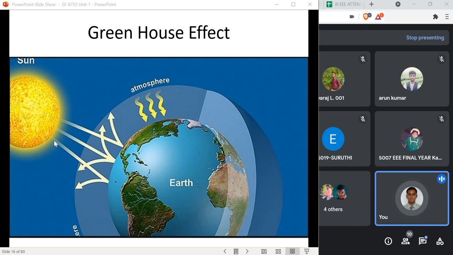Here you can see the light rays from the sun heading to the earth. The surface of the earth reflects the light, and that light is not reflected out of the atmosphere. It is again scattered in the atmosphere.